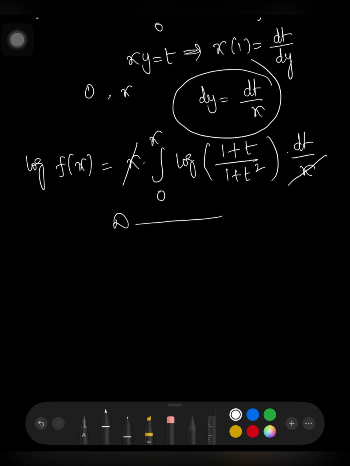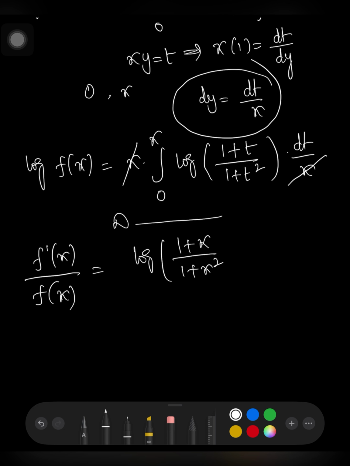Now on the right hand side we can apply the Leibniz rule. Here it is f dash of x by f of x, and the right hand side will become log of (1 + x) by (1 + x²).